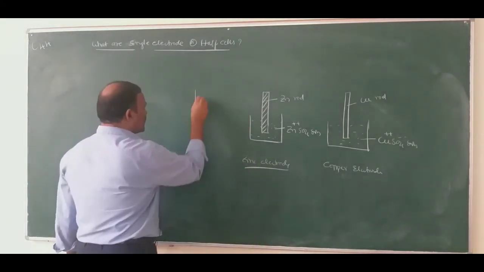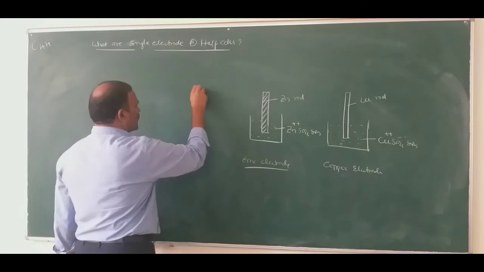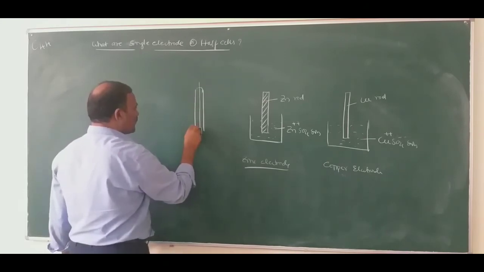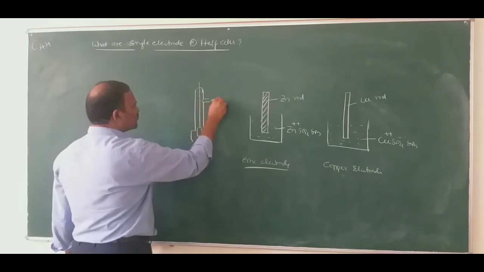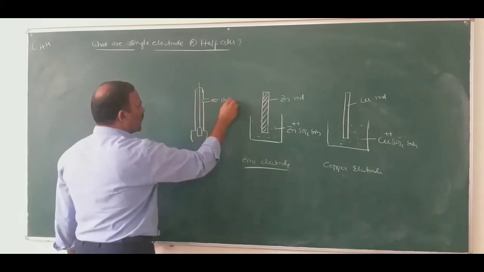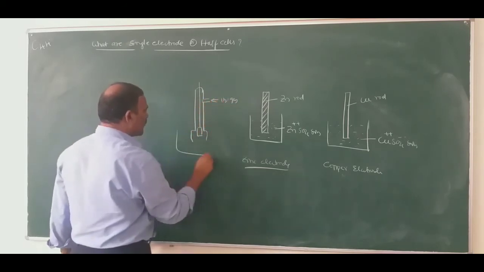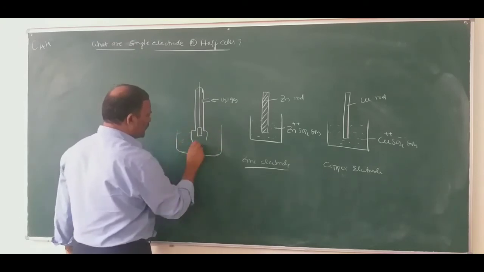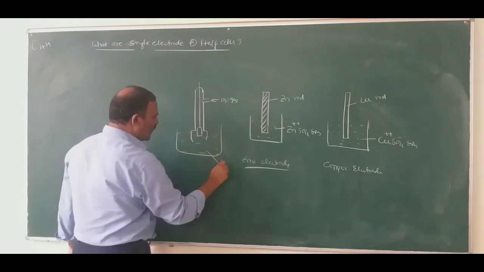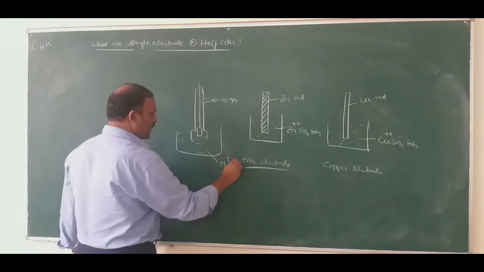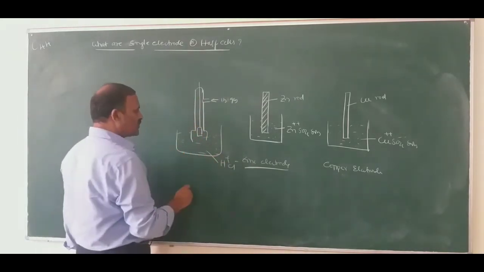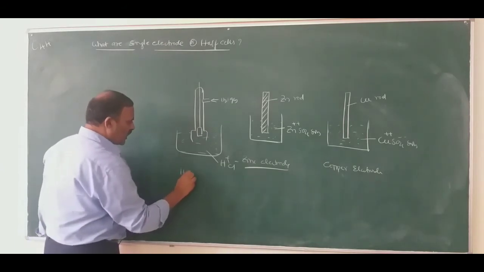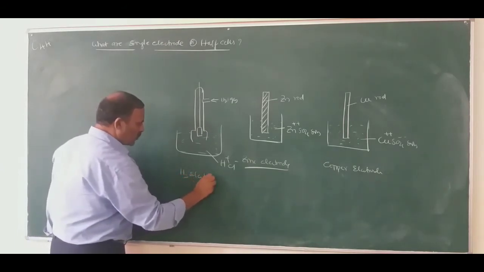Similarly, hydrogen gas in contact with hydrogen ions from hydrochloric acid forms a hydrogen electrode.